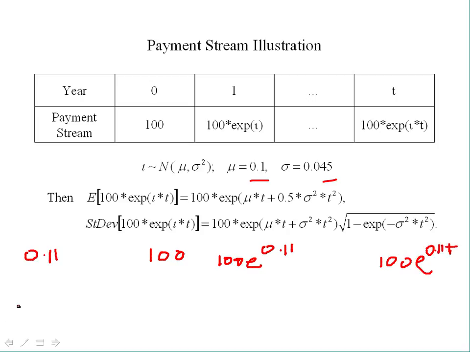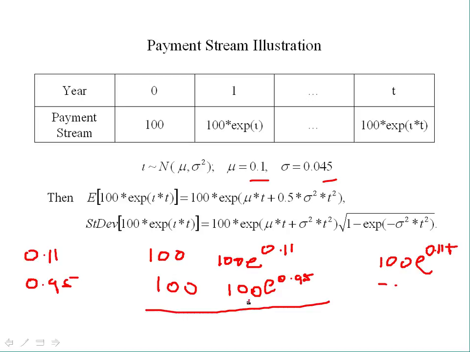T could be 10. Then you simulate another one from this normal distribution, and it might be 0.095. So then you calculate your payment stream using an inflation of 0.095. And so on. And then you might do it 10,000 times.